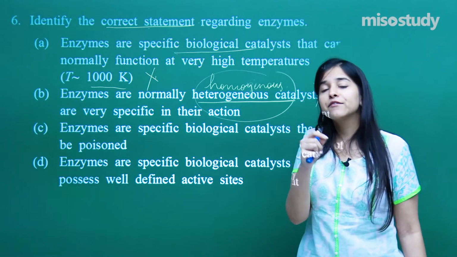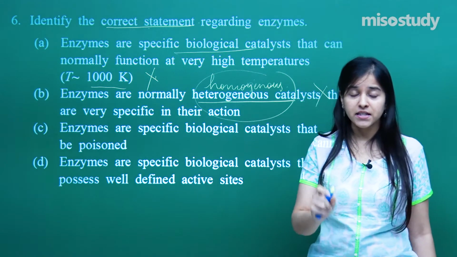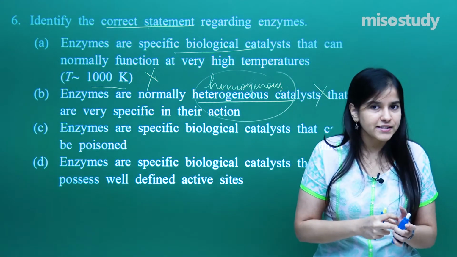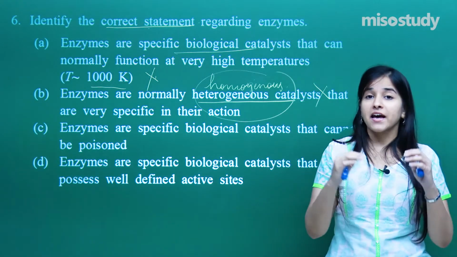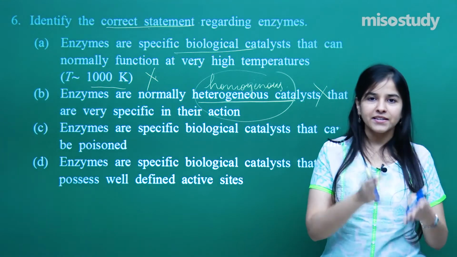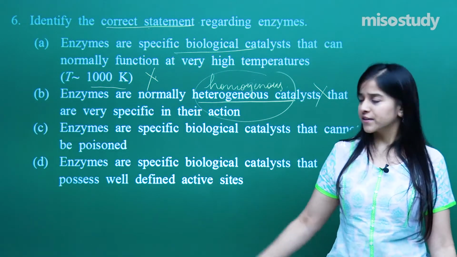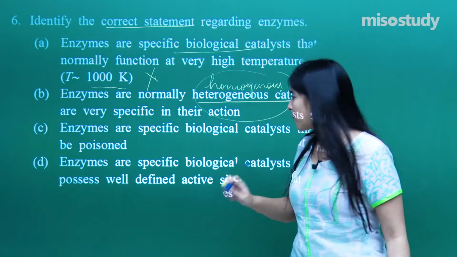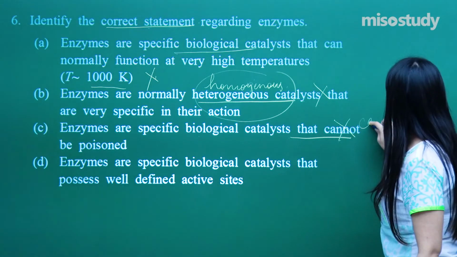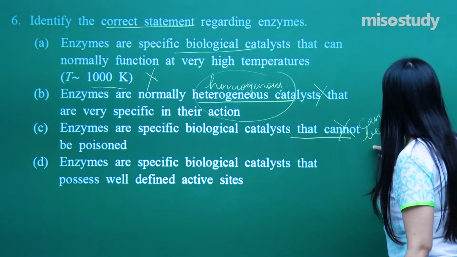Remember having allosteric sites. Whenever a drug attacks the allosteric site of the enzyme, it modifies the shape of the active site, and what will happen? The activity of that enzyme is modified. So they can definitely be poisoned. That means this statement is incorrect.